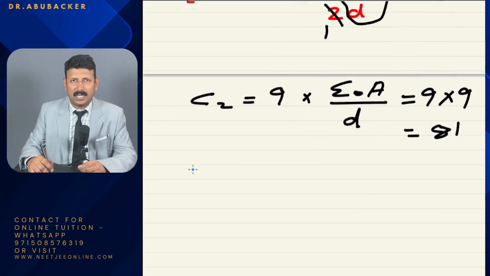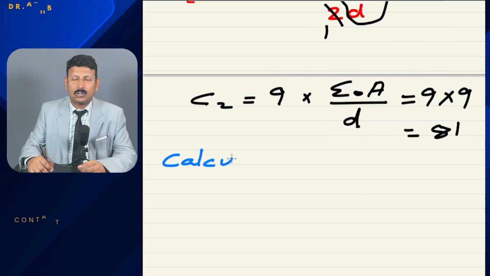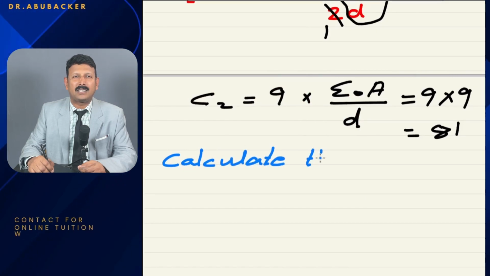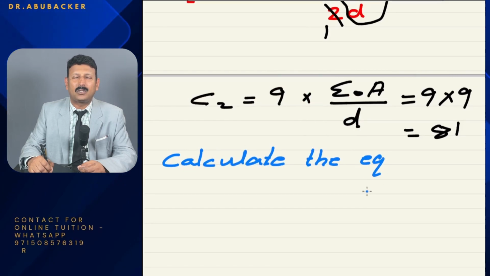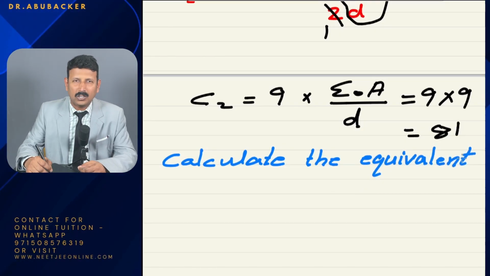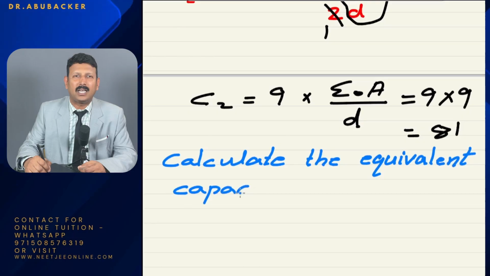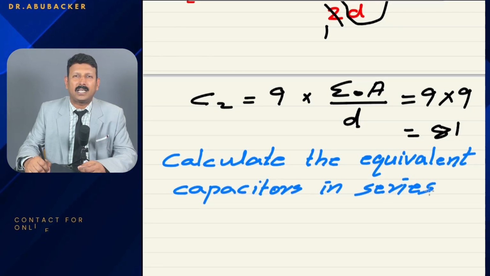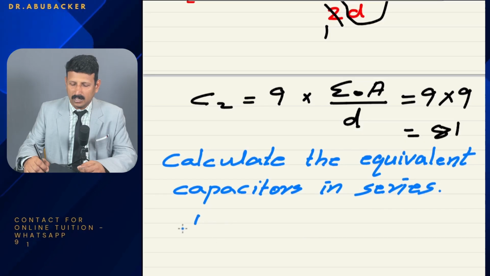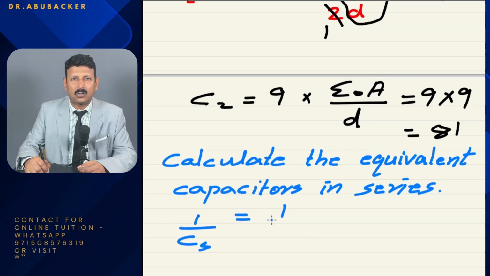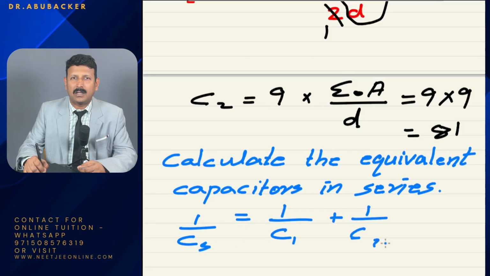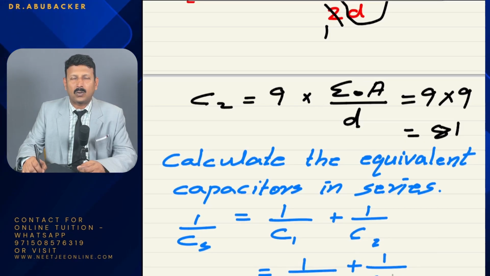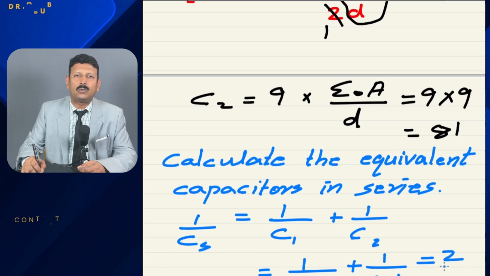So there are 2 capacitors in series now. The net capacitance of capacitors in series is 1 by Cs equal to 1 by C1 plus 1 by C2. So we calculate the equivalent capacitance. 1 by Cs is equal to 1 by 81 plus 1 by 81, which is 2 by 81.